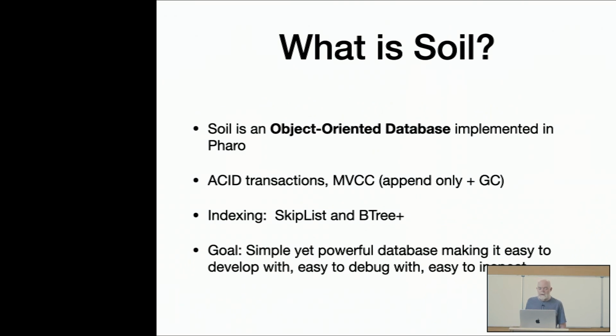So what is soil? As we already saw in the first talk, soil is an object-oriented database that is implemented in Pharo. Object-oriented database means it actually does support transactions. It is implemented using the MVCC pattern, multi-version concurrency control, which means that when soil writes something to disk, it is an append-only strategy.